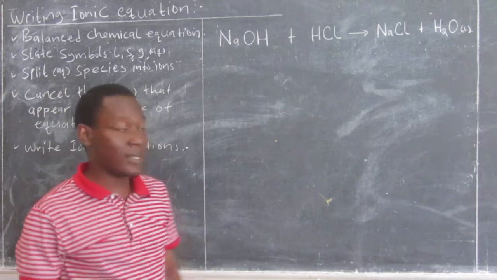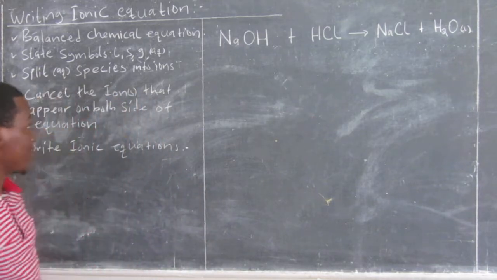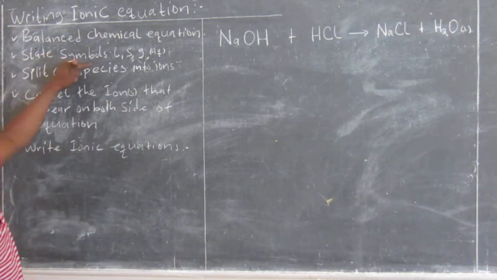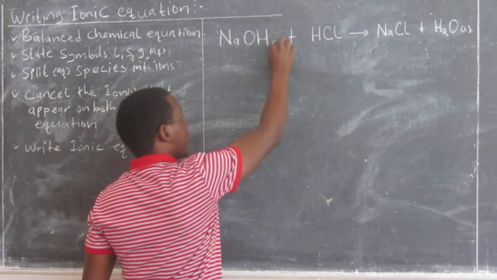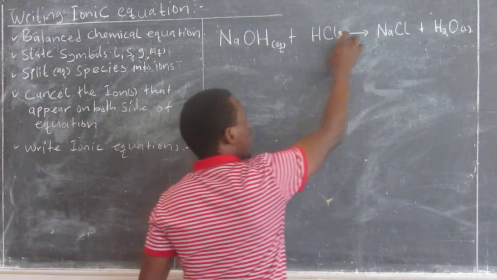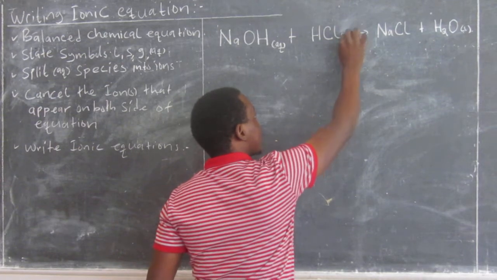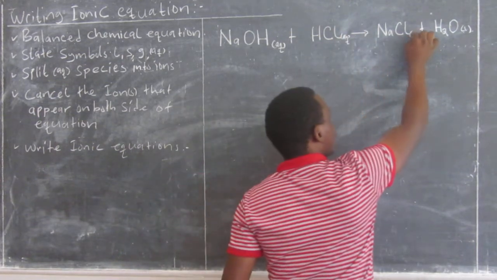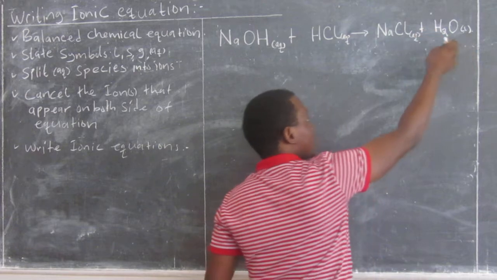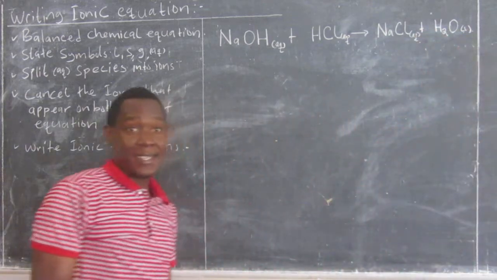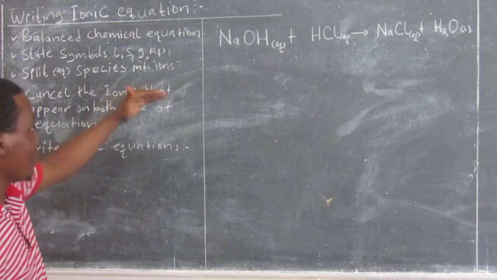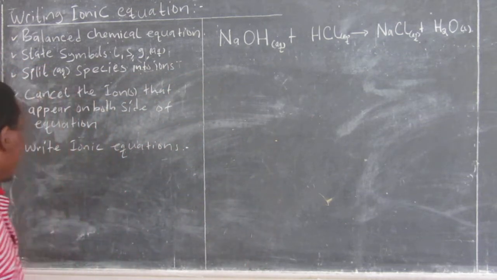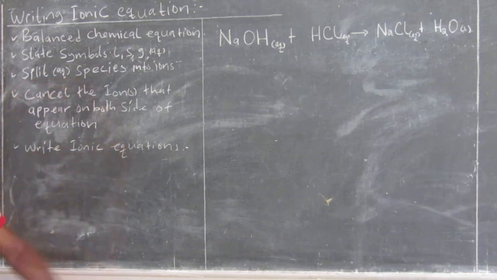Our equation is balanced. Then another step says we should put the state symbols. In this case, sodium hydroxide is aqueous, HCl is aqueous, sodium chloride is aqueous, and water is liquid. In that case, I've done my second step by putting the state symbols in my equation. Then my other step says we split the aqueous species into ions.